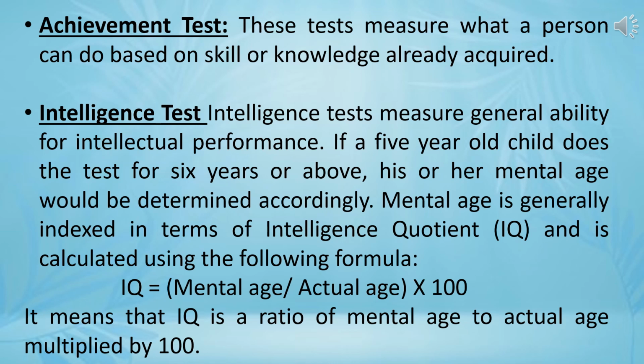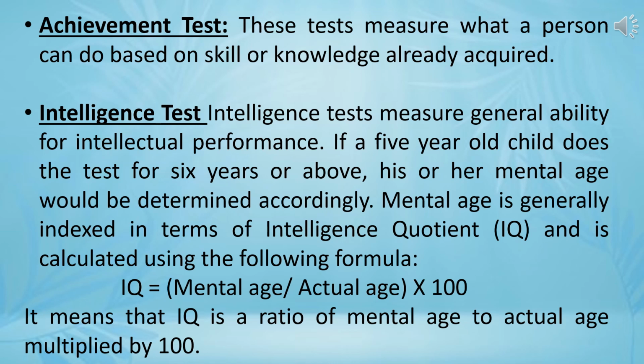This is calculated, that is the IQ level, using the formula mental age upon actual age into 100. This means that the IQ score represents a ratio of the individual's mental age to the actual chronological age scaled to the standard score of 100.